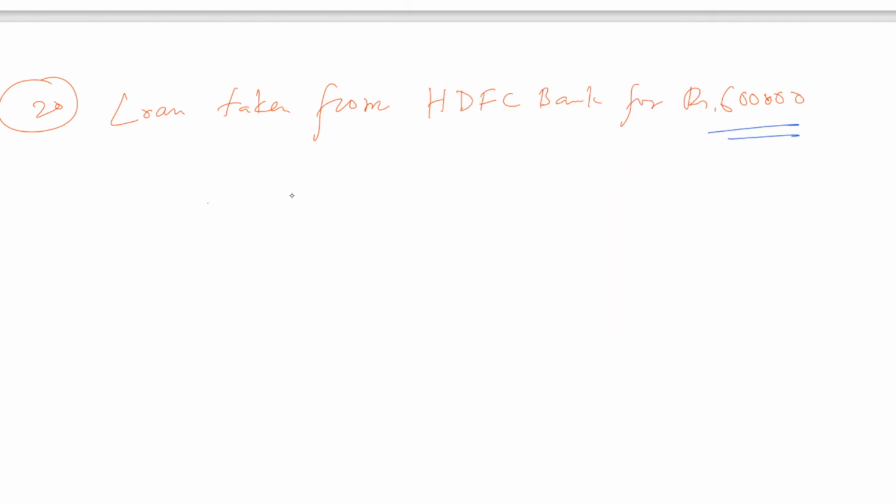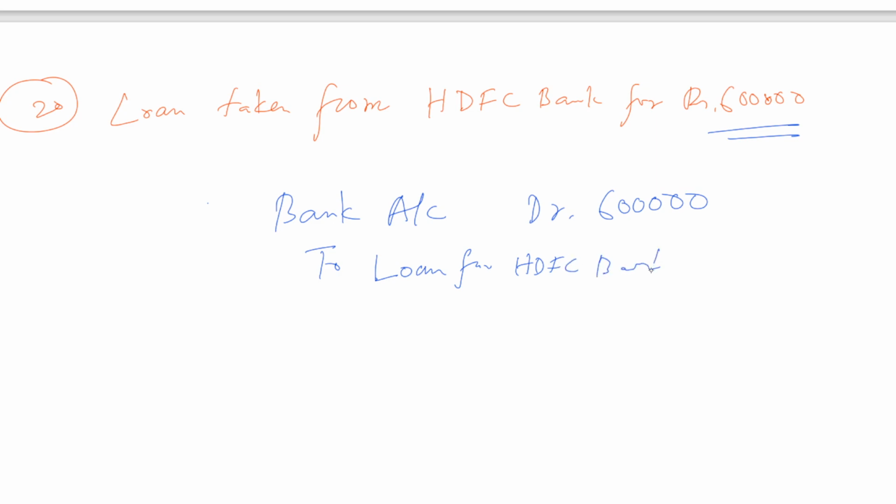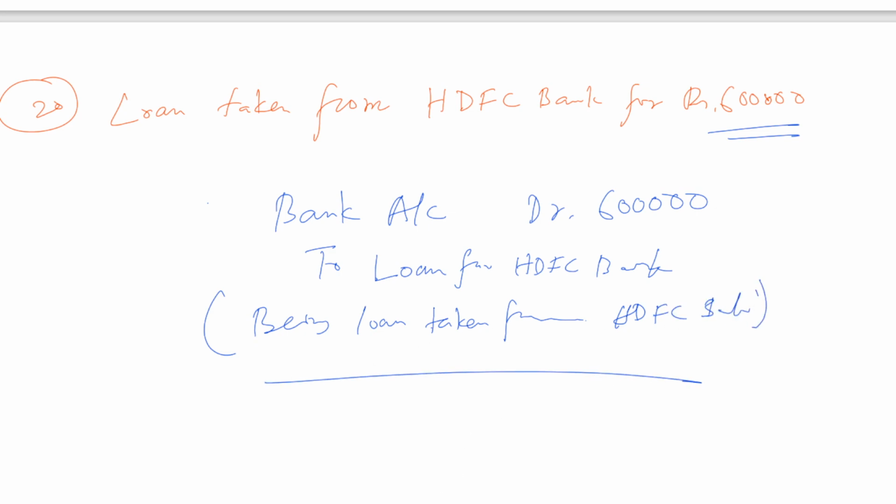We will get money in our bank account because HDFC Bank will transfer money to our bank account. So it will be bank account debit 6 lakhs to loan from HDFC Bank, being loan taken from HDFC Bank. So this is the journal entry.